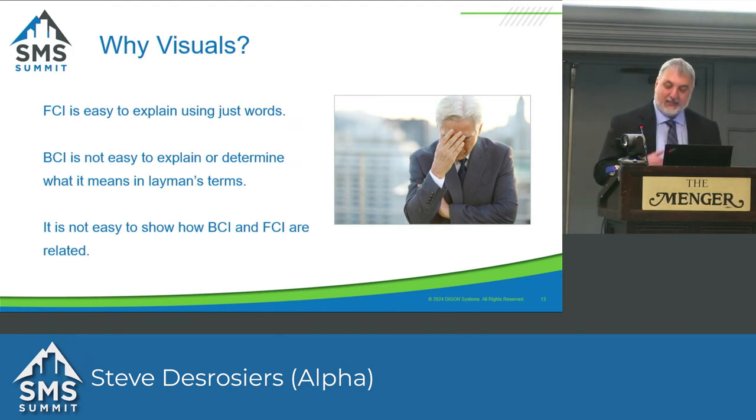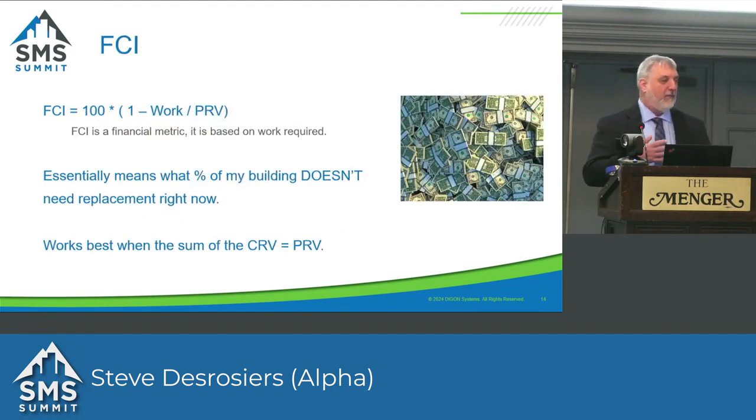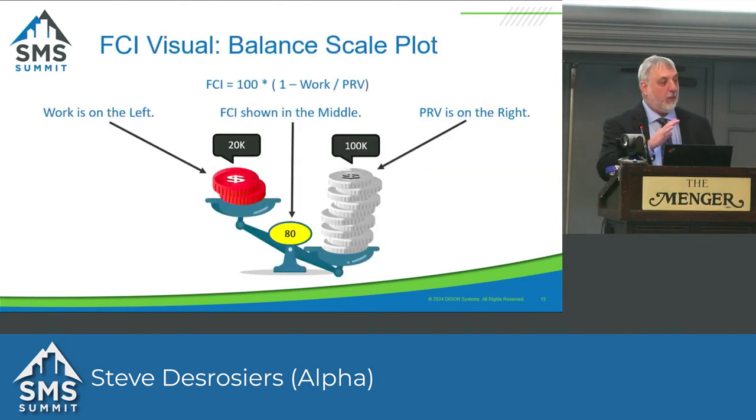So this is the genesis of what we're doing right here. Everybody knows FCI, or there might be a few new people in the audience who don't. It's essentially what percent of your PRV doesn't need to be replaced. And that metric works best when the CRV, the inventory, matches the PRV. So we created a visual, using a balance scale.